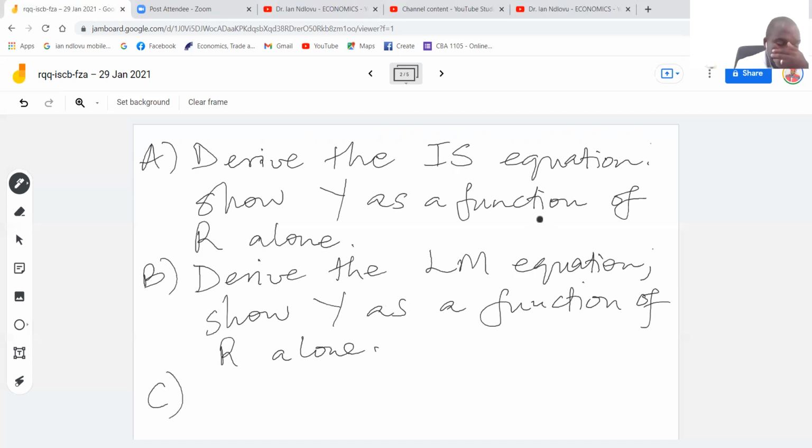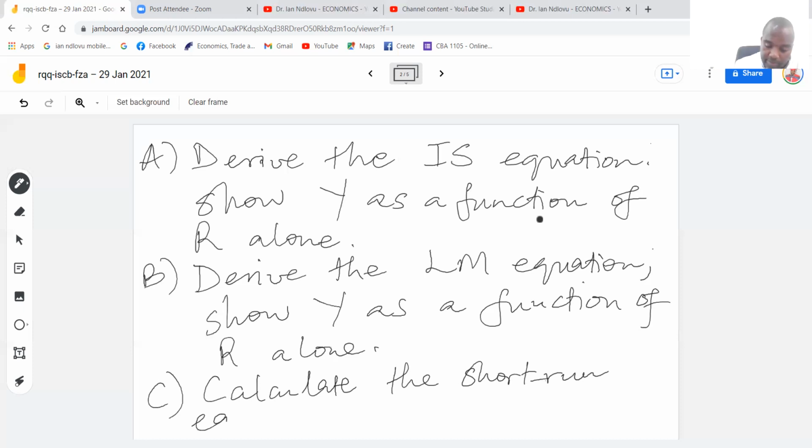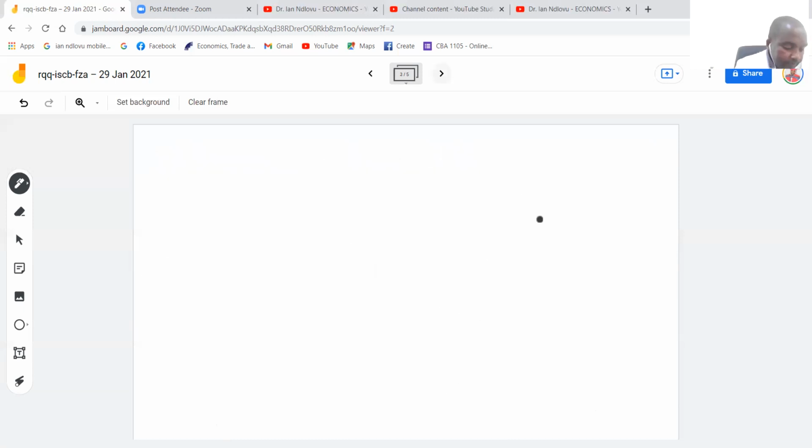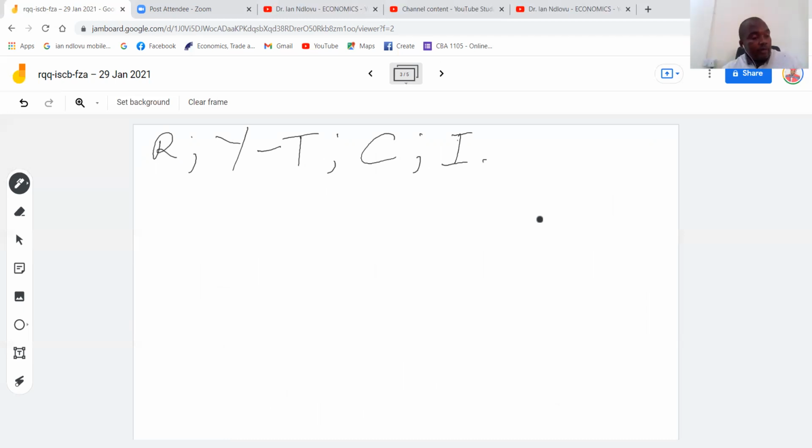And then the third question is calculate the short run equilibrium values of capital letter Y, the level of national income, capital letter R, the interest rate, disposable income, which is Y minus T, aggregate consumption expenditure, which is capital letter C, and capital letter I, the level of investment which is prevailing in the economy.